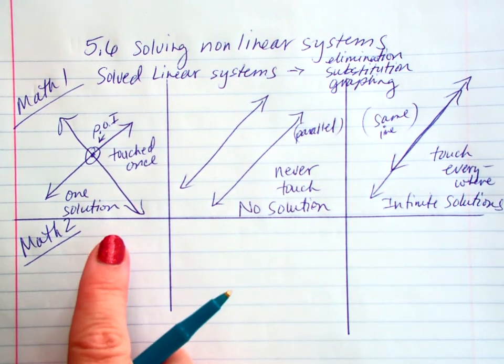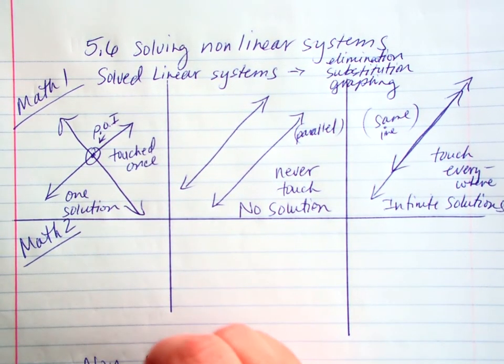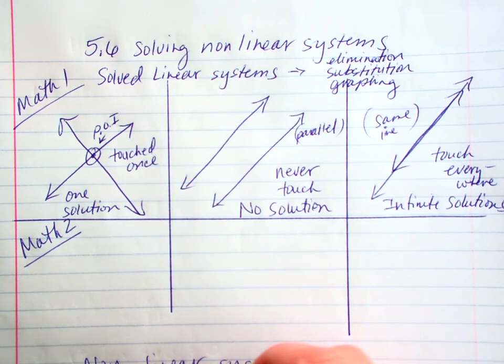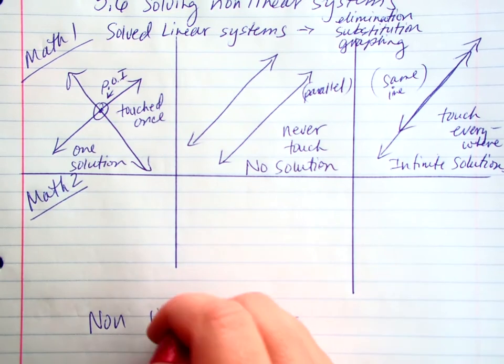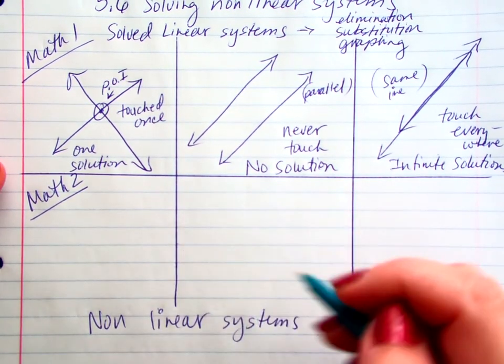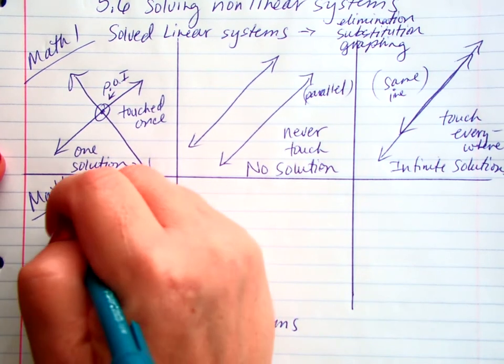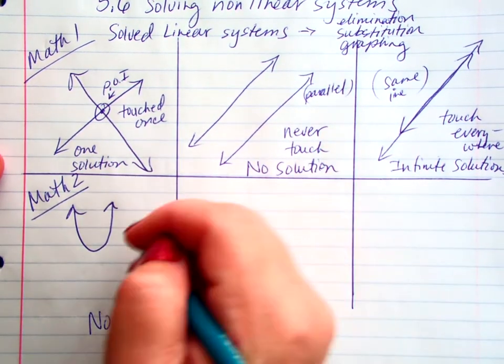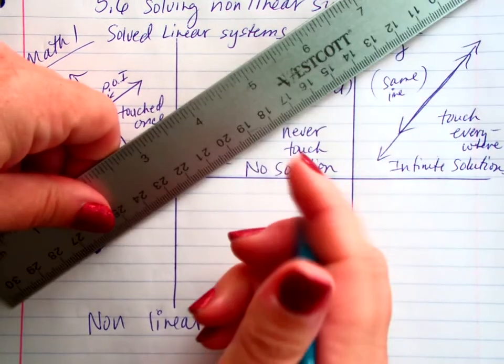Now in Math 2, nonlinear systems, we're going to see that it's not always two lines. Since we're studying parabolas, we're going to have a situation where you have one parabola and one line, and they touch once.